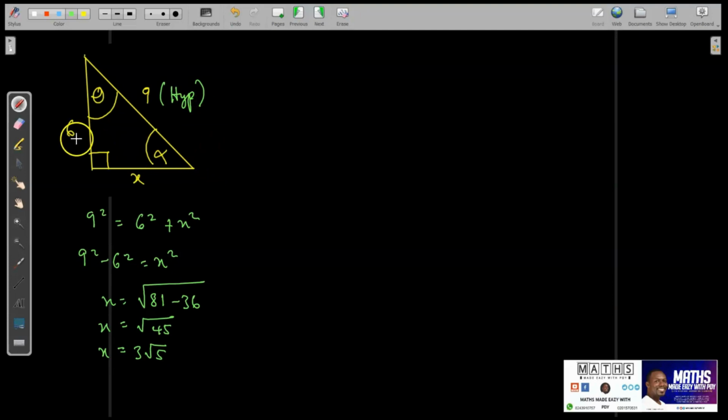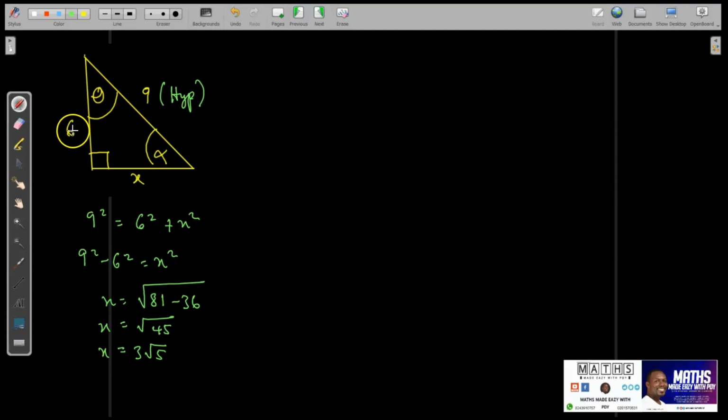Now, the 6 and the x, which we've seen as 3 root 5, assume different roles depending on the position of theta or alpha. If I want to find theta, theta and x are what to each other? Opposite. But theta and the 6 are what to each other?